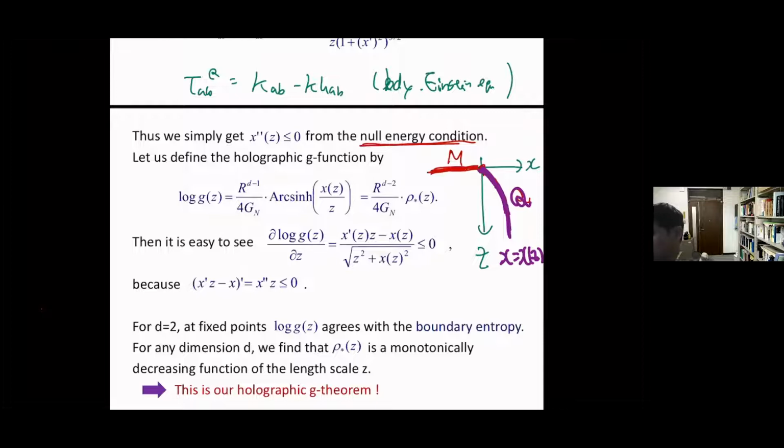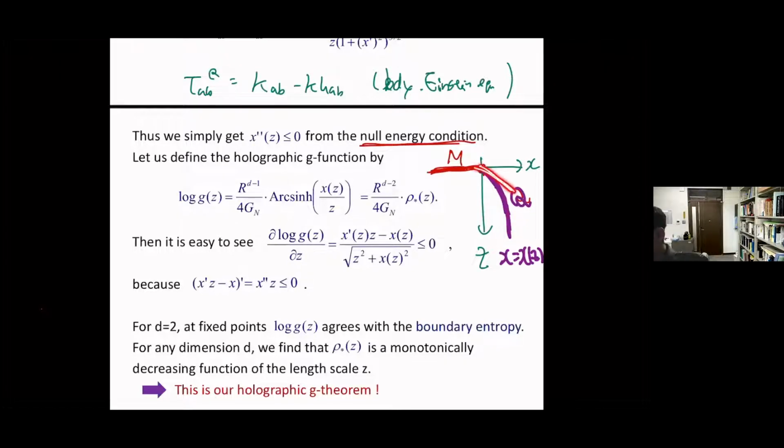But we just generalize this formula for any rho star, for any z, any shape of Q, so we just take this ratio. And then we take a derivative anyway. This actually turns out to be negative because of this relation. This second derivative appears. Anyway, assuming this null energy condition, this derivative is negative. That means the angle is actually decreasing, right? The angle is decreasing.